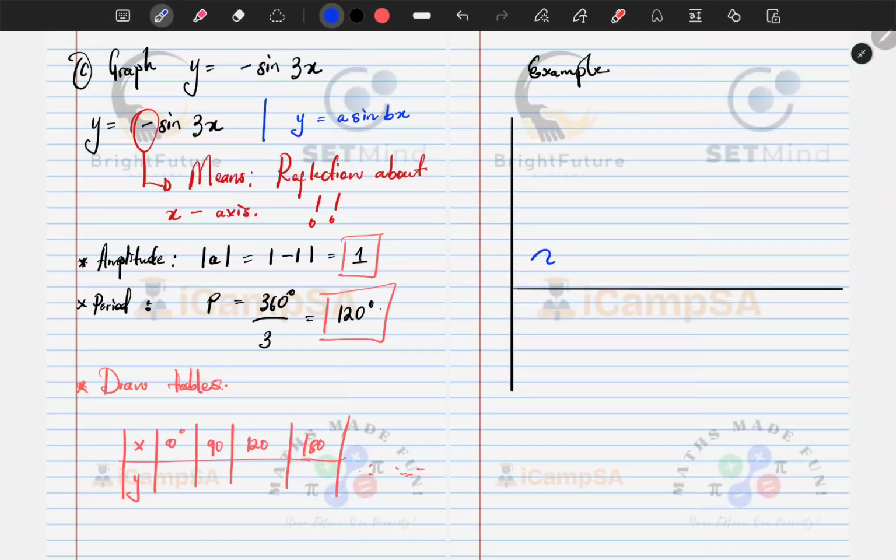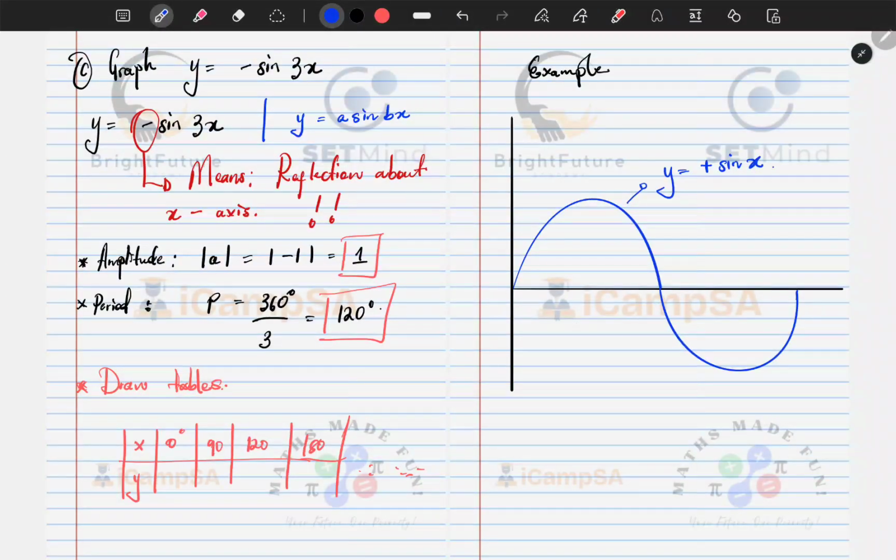So let's do it properly. This is your y equals positive sine x graph.